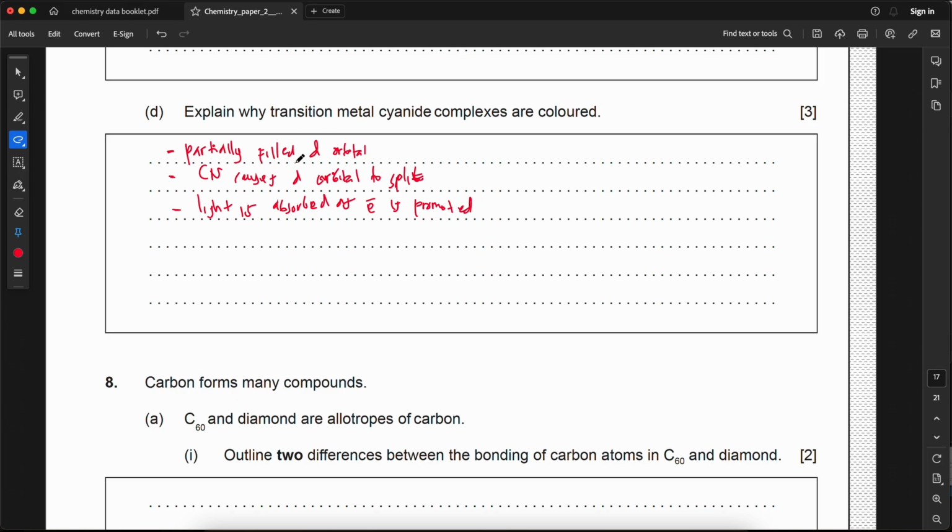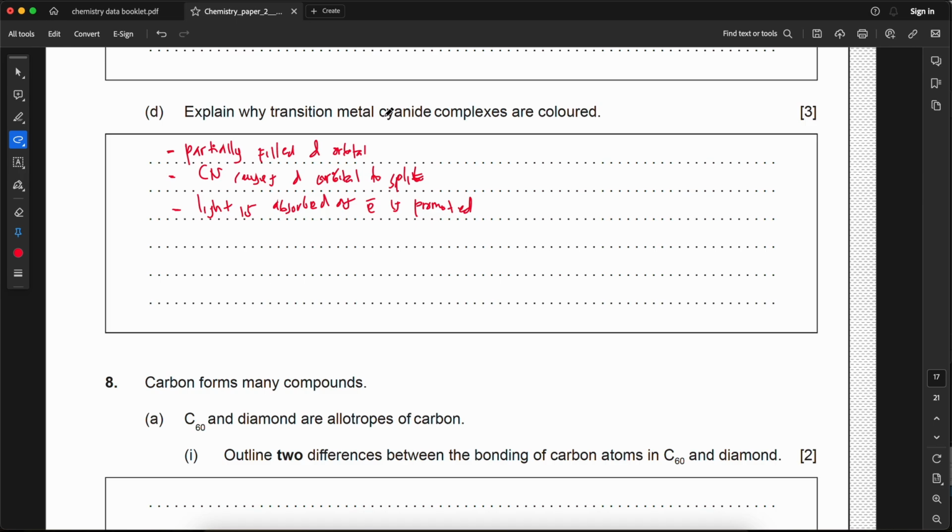Okay, partially filled d orbital. CN, acting as a ligand, is donating a pair of electrons into a vacant orbital of the transition metal, like for example 3d, 4s, or 4p.